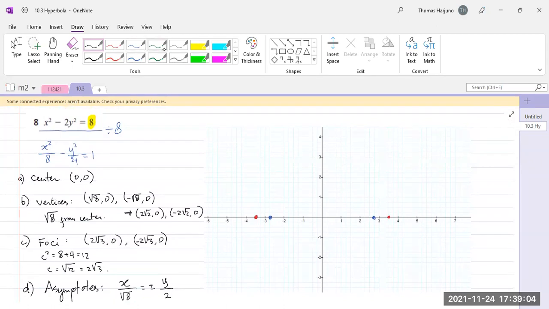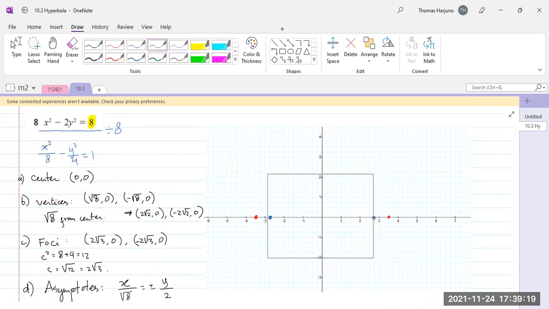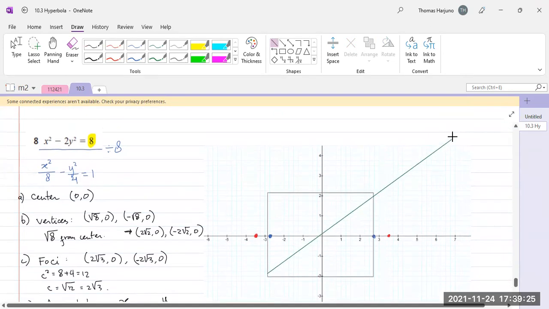Okay, the auxiliary rectangle will be approximately here. That's the auxiliary rectangle. So the asymptotes will be here, approximately.